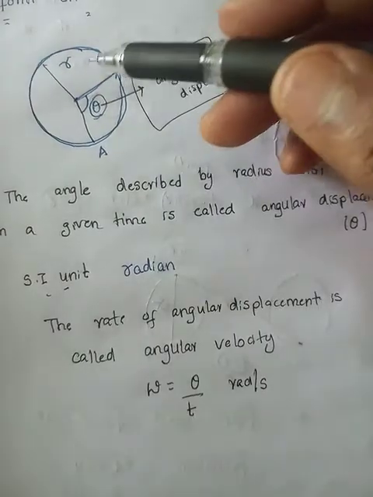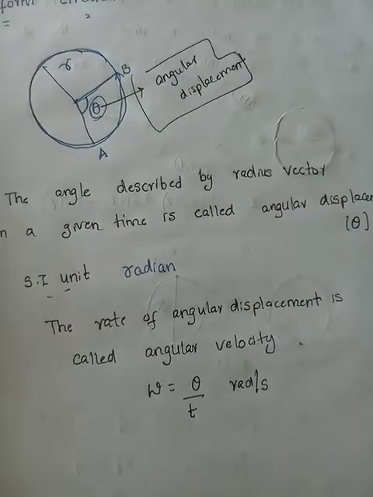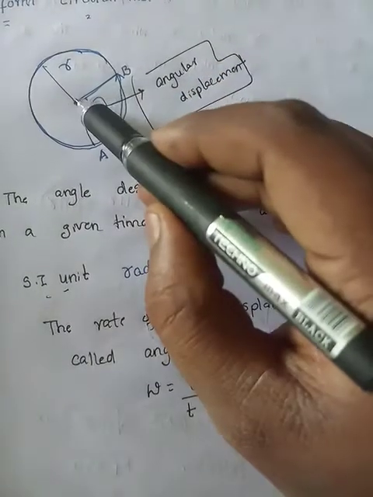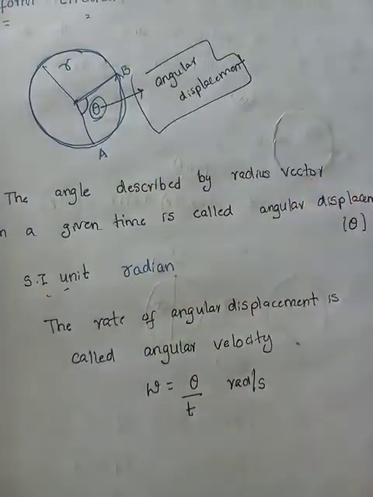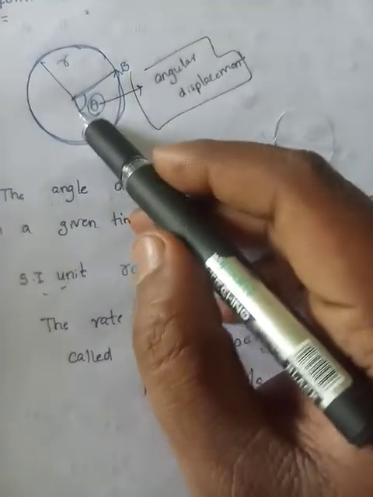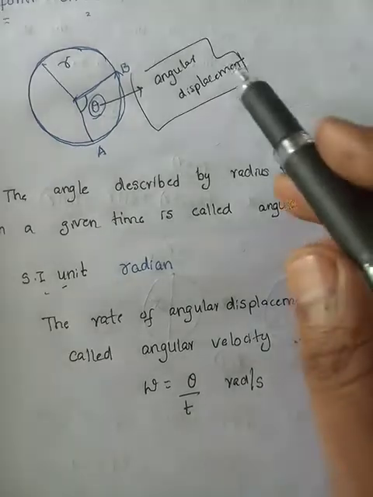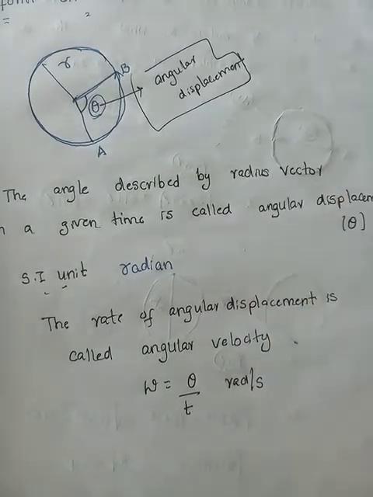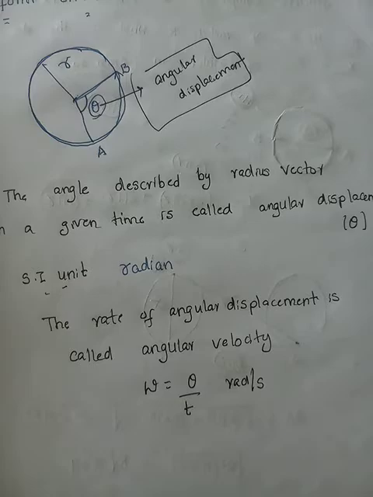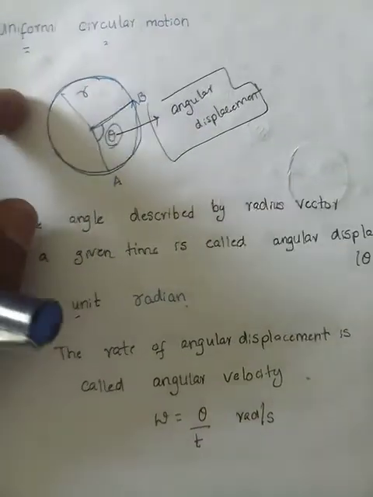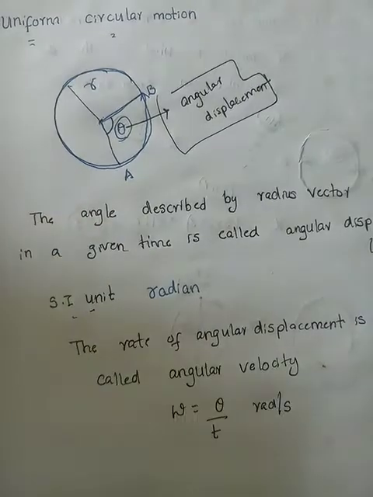So if a particle is moving in a circular path, the line joining the axis of rotation is called the radius vector, the angle subtended by this radius vector in a time t is called angular displacement, and the rate of angular displacement is called angular velocity. Now coming to uniform circular motion. What is uniform circular motion?